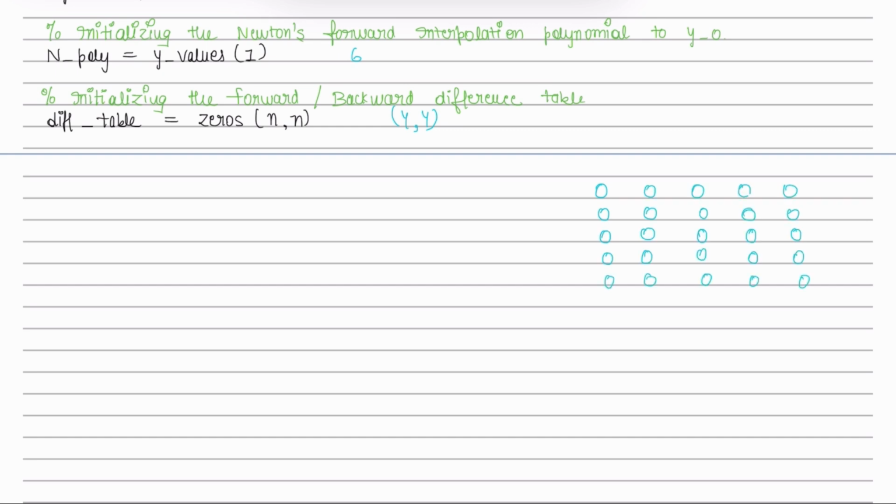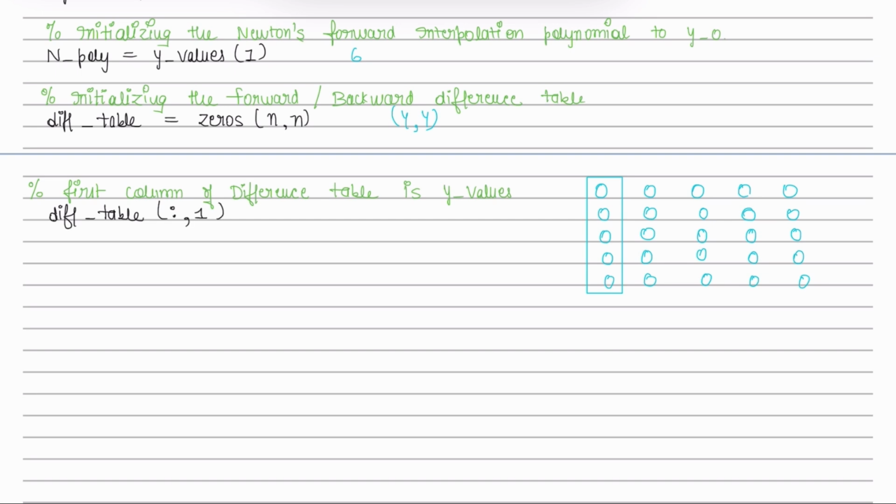These are the entries of the difference table right now, and we will replace this first column by the entries of y only. This can be done using the statement diff_table, all the rows of the first column.